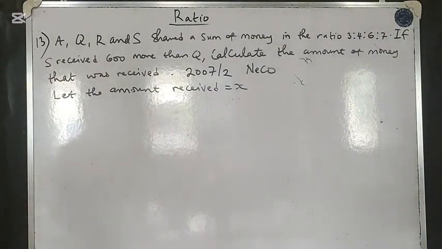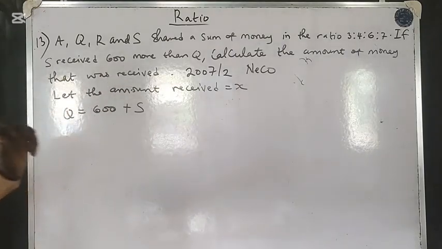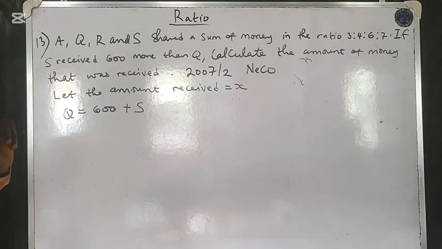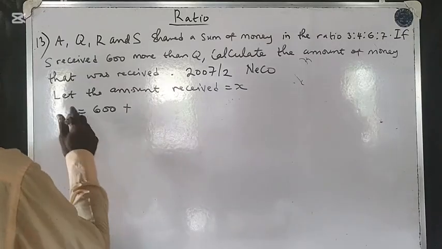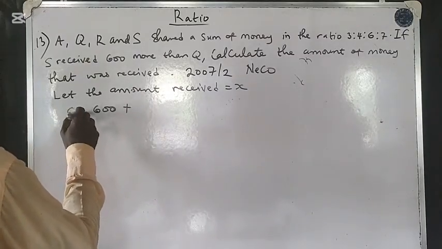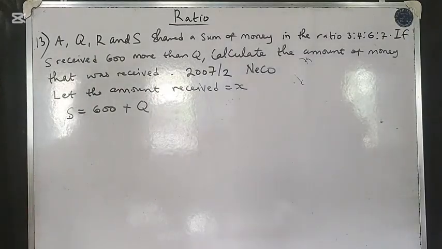So we are told that S received 600 more than Q. That means S is going to be 600 plus Q. So it will be Q plus 600.